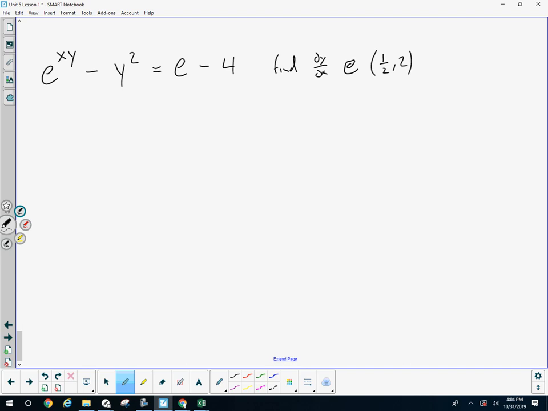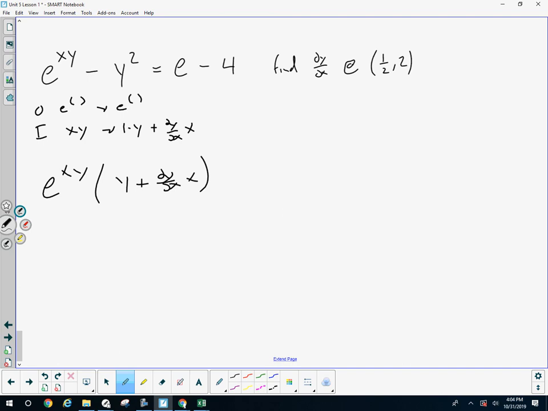So you have the dy/dx inside the parentheses. Get e to the xy, y plus dy/dx x.